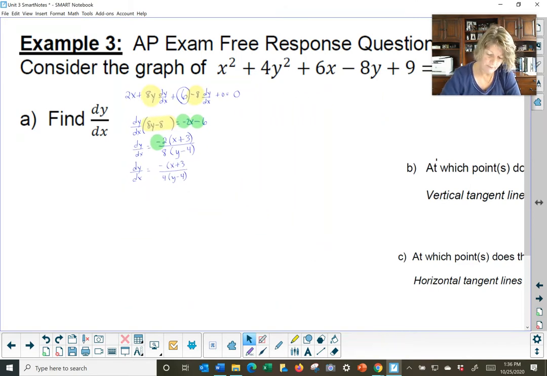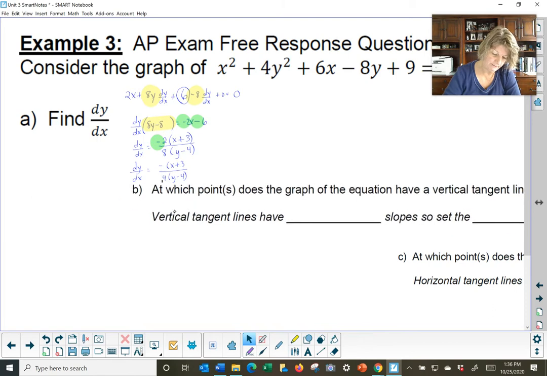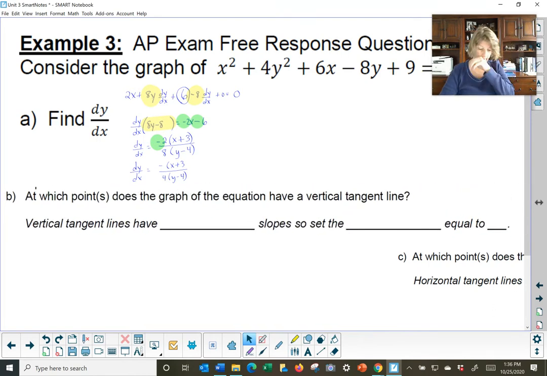There's part A. Roll out part B. At which points does the graph of the equation have a vertical tangent line? Oh, vertical tangent line, like that. What's the slope of a vertical tangent line? Undefined, right? They have undefined slopes.